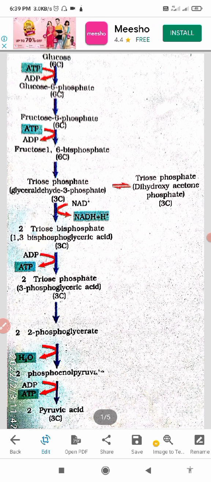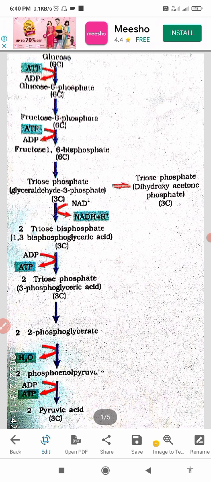So this 6 carbon fructose biphosphate breaks down, which results in the formation of these 3C molecules, glyceraldehyde and dihydroxyacetone, and these forms are transformable. Dihydroxyacetone can be transformed into glyceraldehyde 3-phosphate.